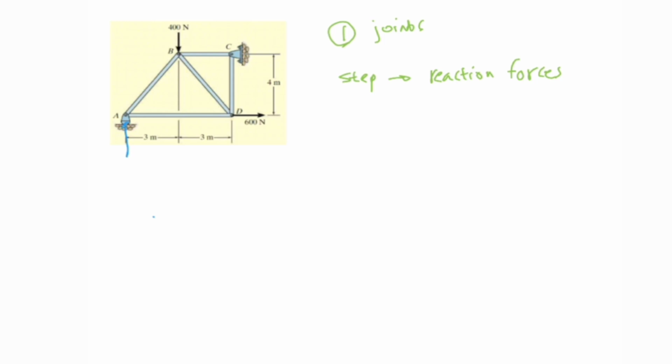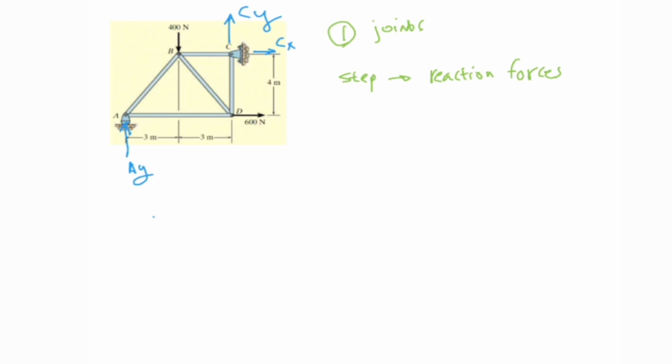We know from the previous sessions that the roller has only one reaction force, name it Ay, and a pin which is fixed to the ground applies two reaction forces, and we can name them Cx and Cy.